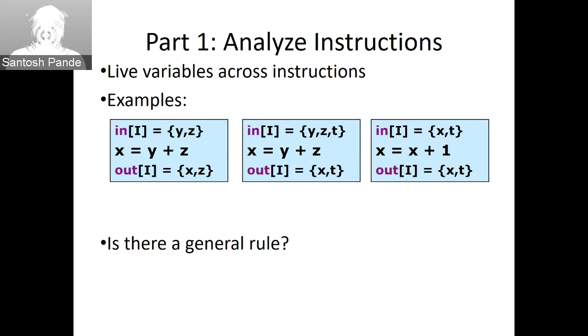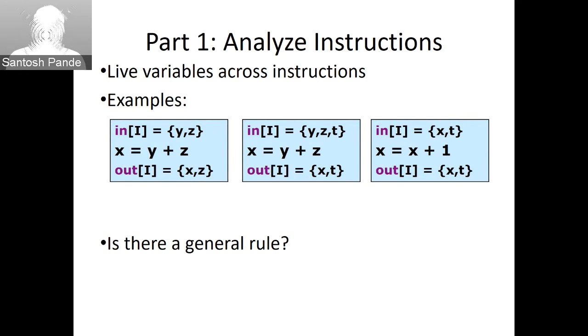Say we have determined variables x and z were live on the left hand side, which is out of I. So at the end of this instruction, if we determine that x and z were live, what happens when we move back through this instruction? That's the question. You can see that the variable which is really unaffected here is z.